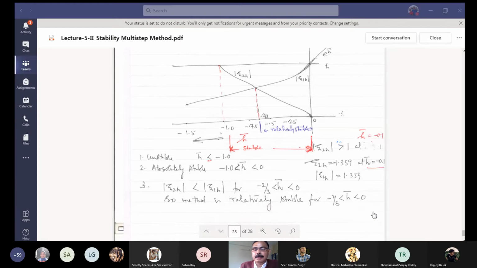Hurwitz criteria I will do separately, because I have to start from the beginning. From the middle part, you may not be able to understand. You have to use your brain a bit. So that's the reason I'm not taking up that part. Right? I will take up another thing.